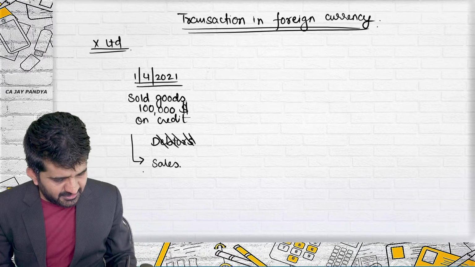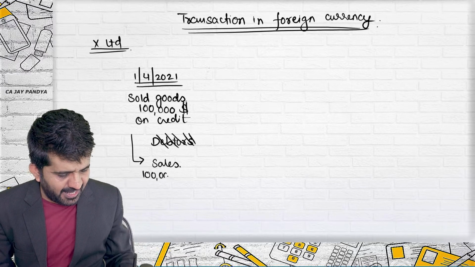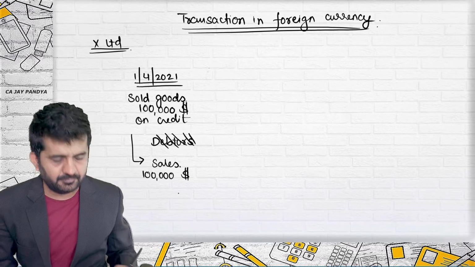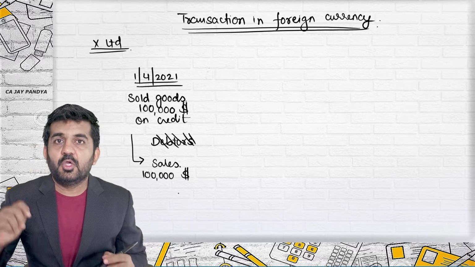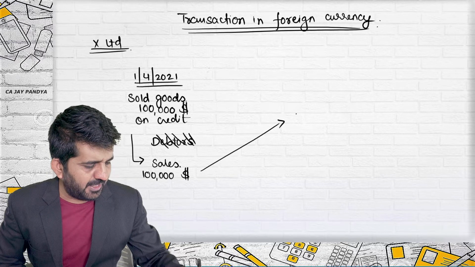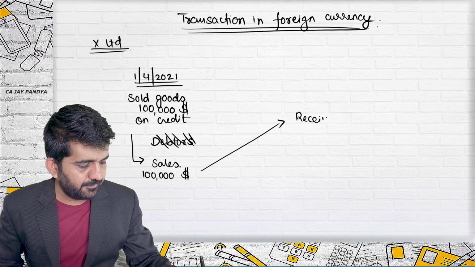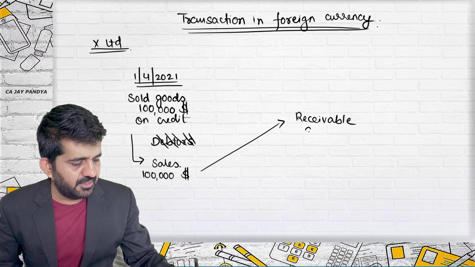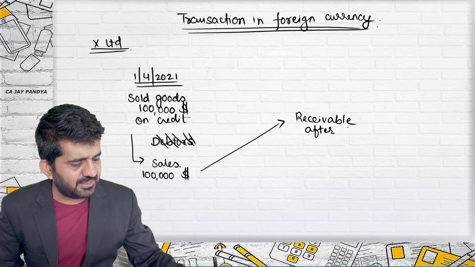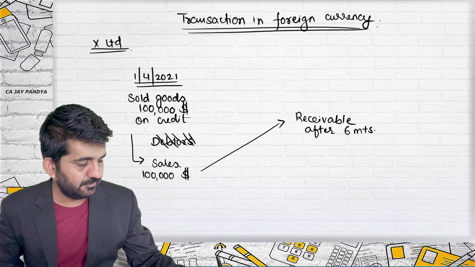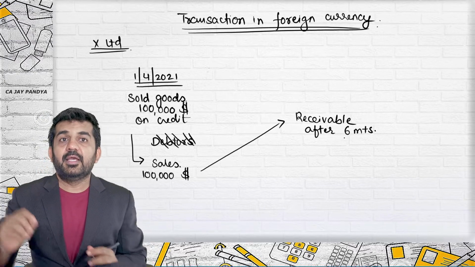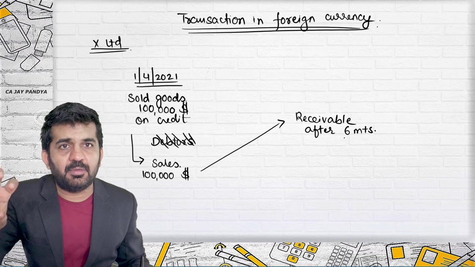You have done sales of $1 lakh, which is receivable after say 6 months.